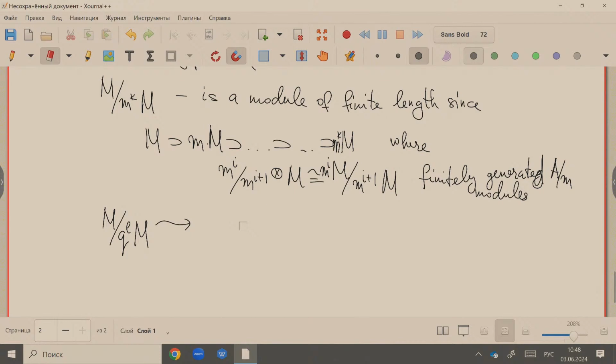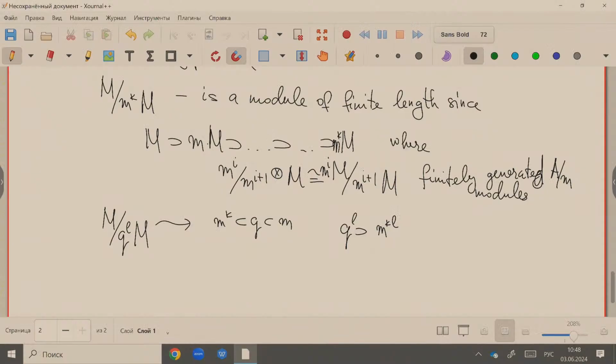So if you want to look at this module, we know that since Q is bounded by the powers m^k and m, this means that Ql contains m^kl, and so you can map M mod m^kl times M to this, which is a surjective map.